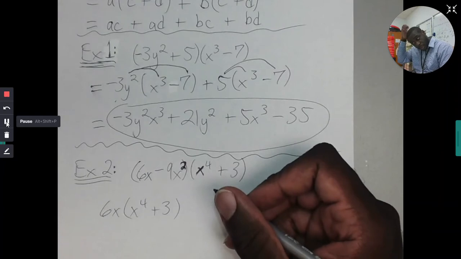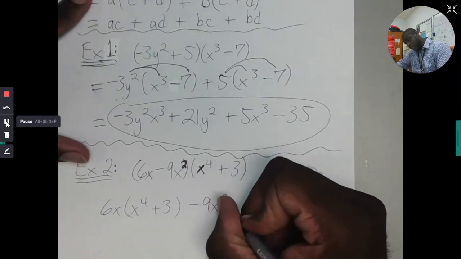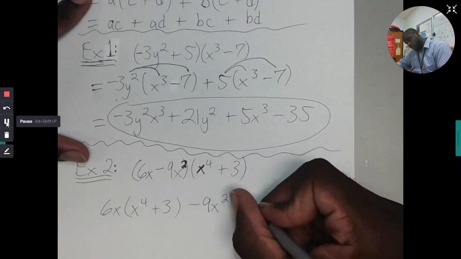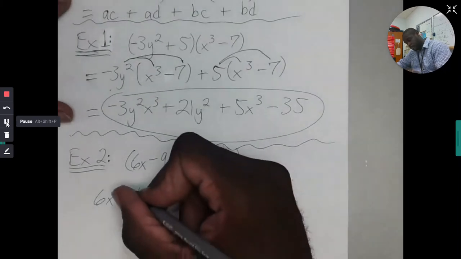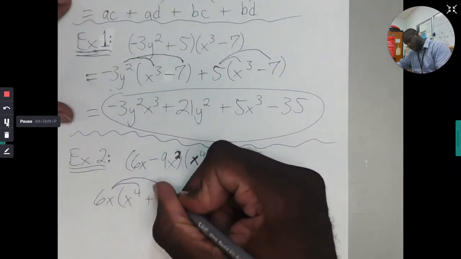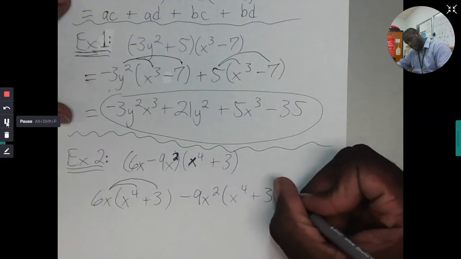And we also want to take the negative 9x squared and we want to distribute that into the x to the 4th plus 3.